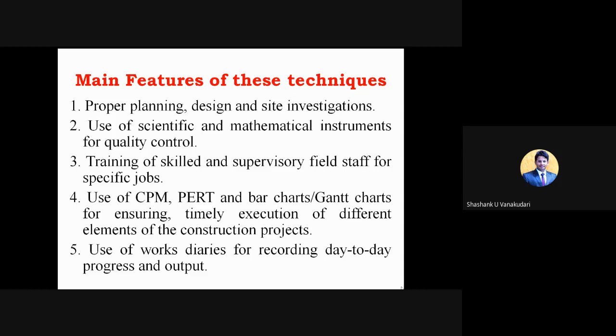To achieve that quality, we have to adopt certain scientific concepts, such as using Indian Standard code books while executing different activities. This particular software is going to suggest those Indian Standard code books.